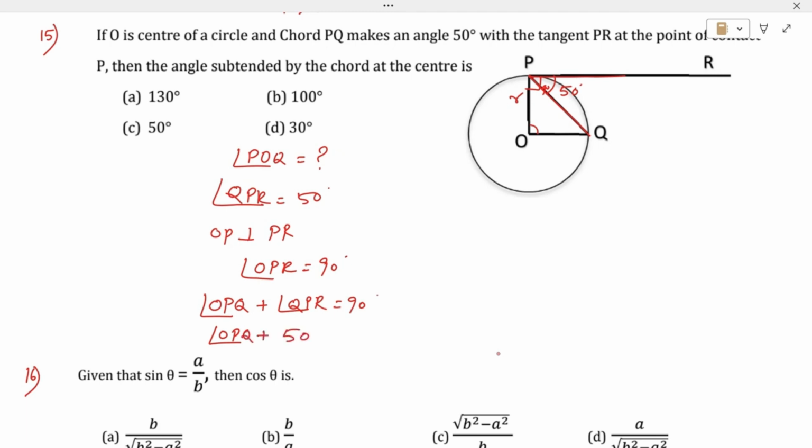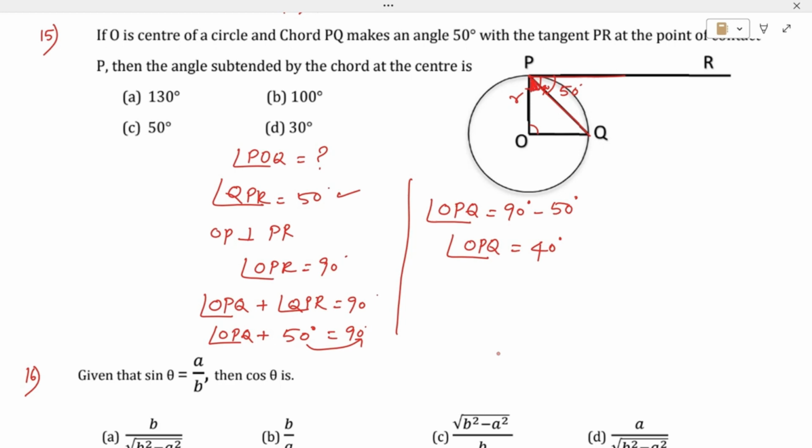QPR is 50 degree from the given, is equal to 90. So from here I can find angle OPQ is equal to 90 degree minus 50. I'm transposing 50 to the other side. So angle OPQ is equal to 40 degree. So this is 40. I'm shading here.